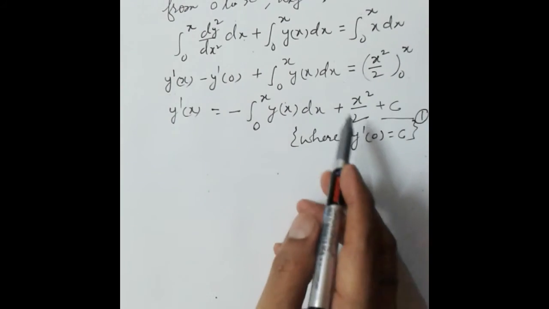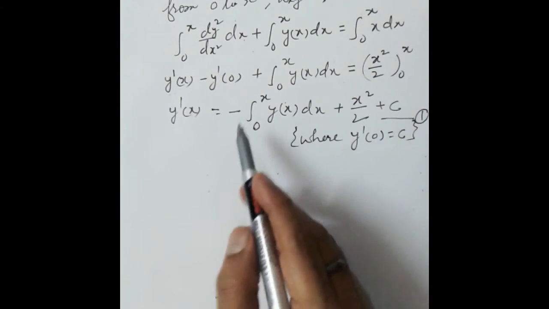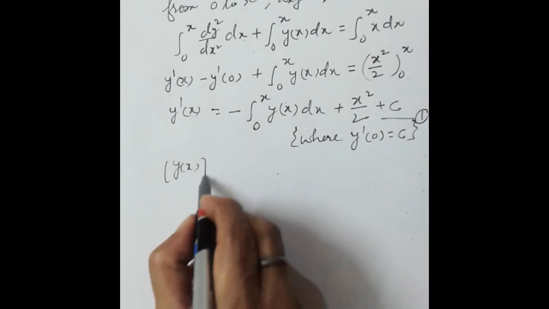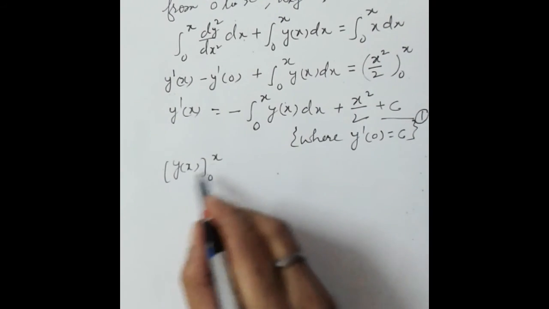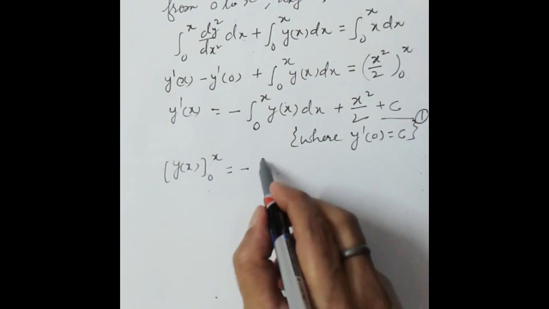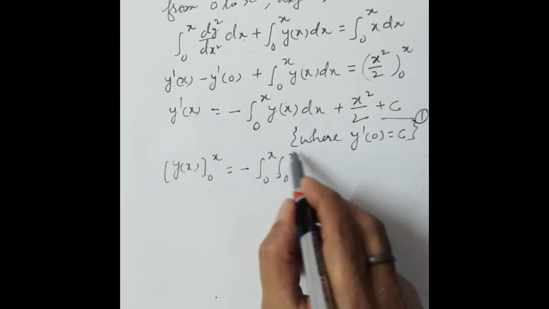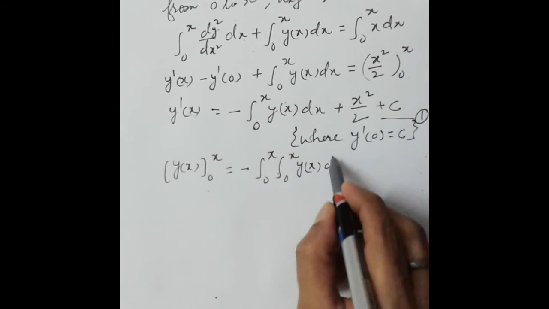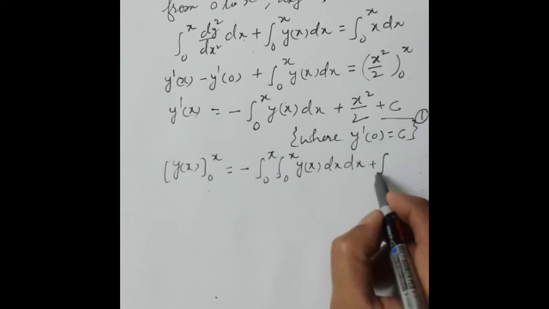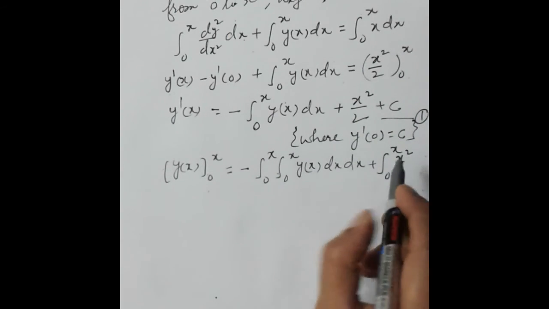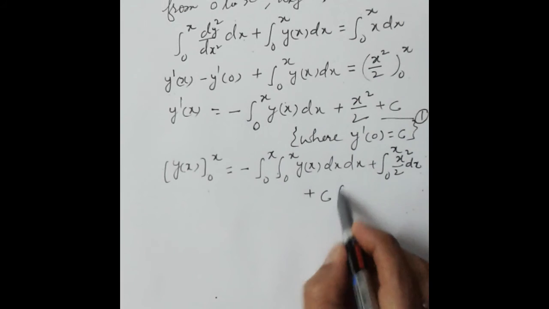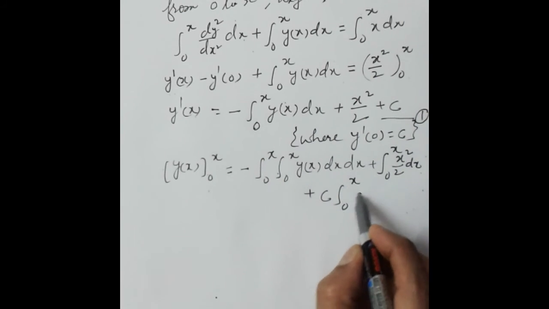Now integrating again this equation with respect to x from 0 to x, we have y(x) from 0 to x is equal to minus the double integral from 0 to x of y(x) with respect to x plus the integral from 0 to x of x²/2 dx plus c times the integral from 0 to x dx.